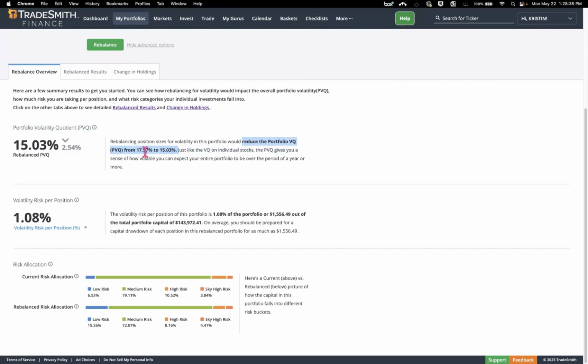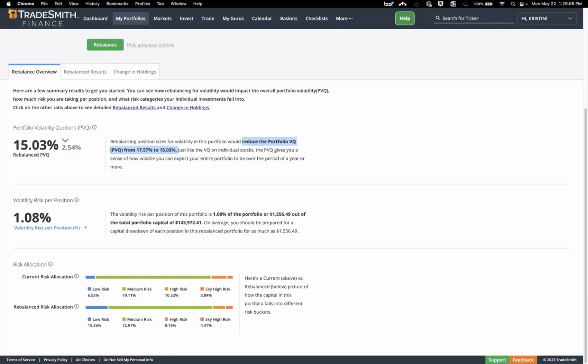But what this tool can do is take my portfolio down to approximately 15%, so approximately 15.4%. We do say a PVQ of 15% or less is considered low risk. So I'm basically there. If I change my portfolio with the results when we get to the next tab, my overall portfolio would basically be considered low risk.